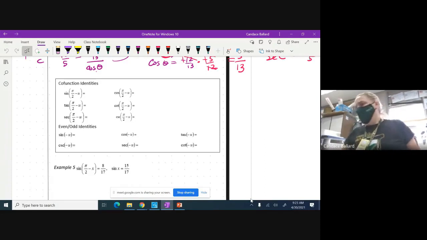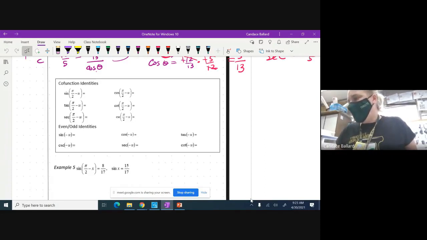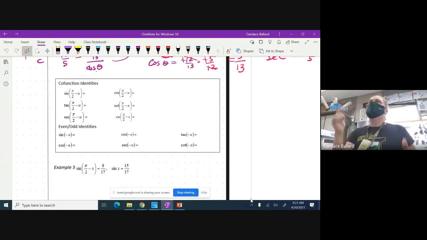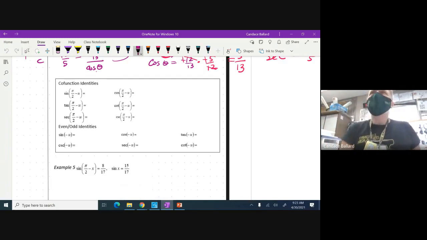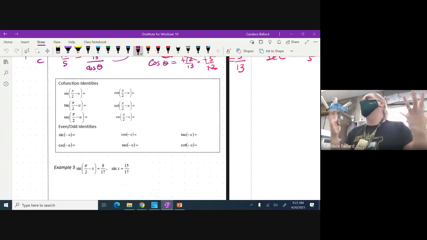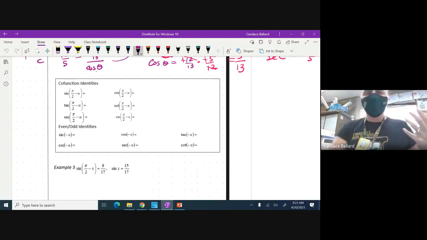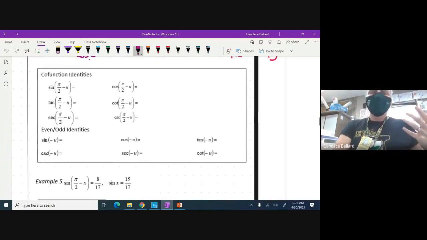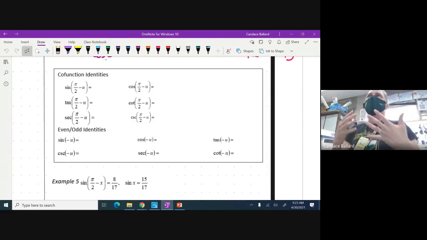Okay. So we're going to start with learning some new identities today. Our first one is called the co-function identities. Back when we did the 30, 60, 90 and the 45, 45, 90 triangles, we hopefully noticed there's a relationship between the ones that add up to 90 degrees.